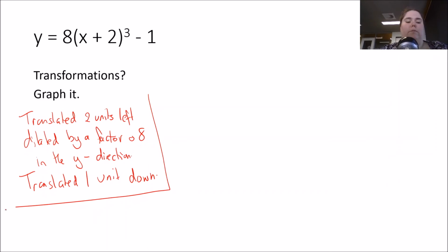Okay, so now my transformations. Easiest thing to get from these graphs, point of inflection. We just pull it straight from the equation. So, -2, -1, easy.